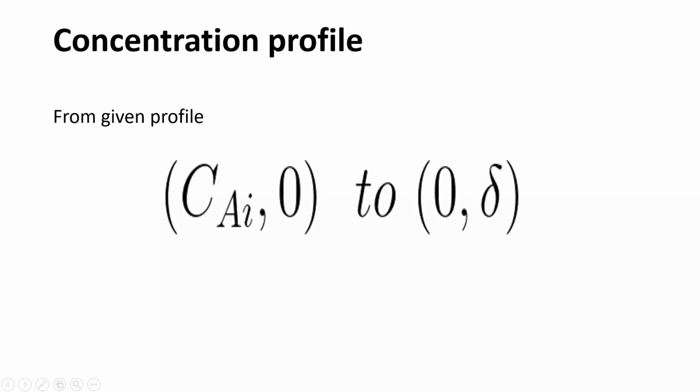From the given profile, the points (Ci, 0) and (0, delta) give the concentration profile. It is the maximum concentration Ci, and it decreases to 0, and height goes from 0 to delta.